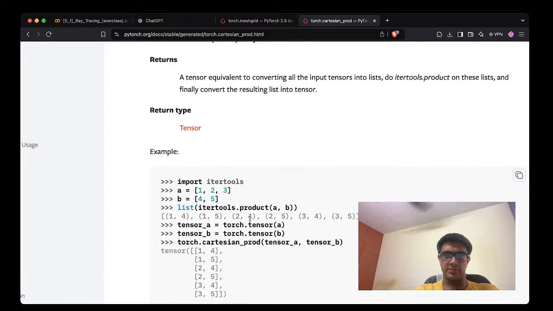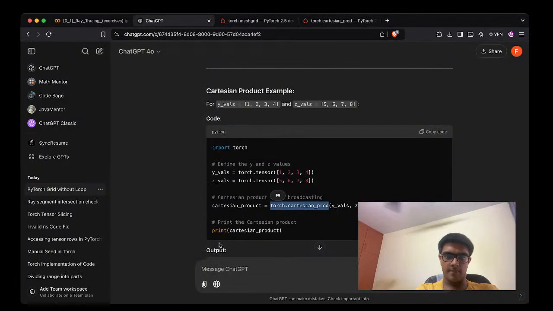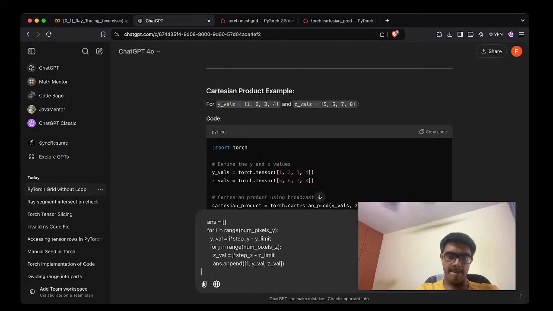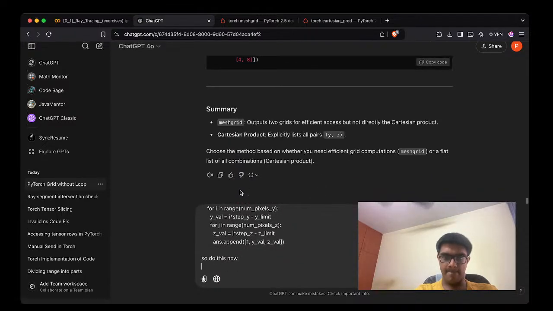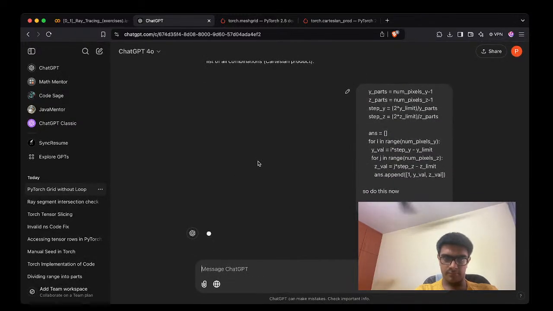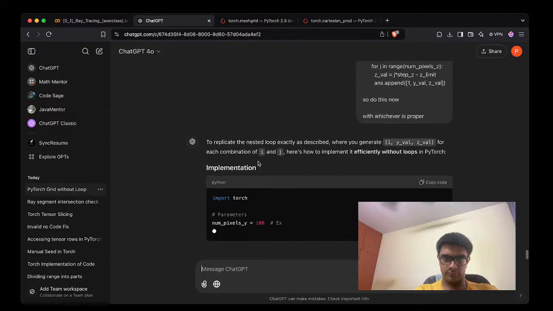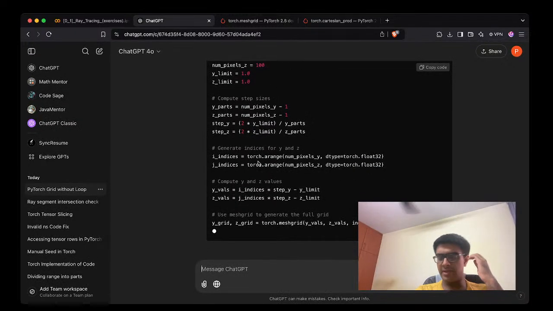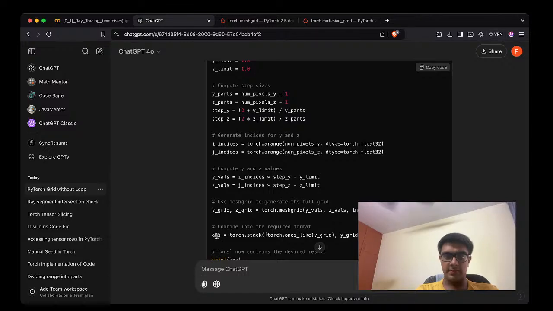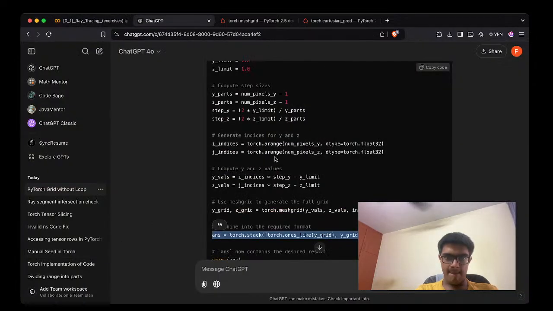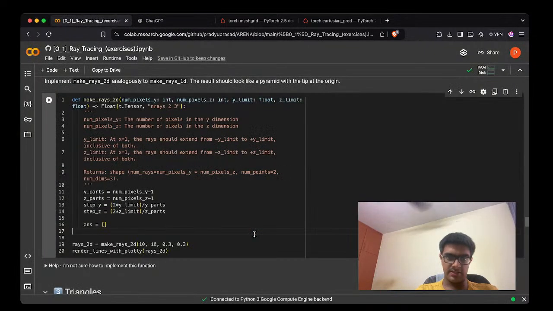Perfect. Hmm. Mesh grid. I see. I see. We can use these then.